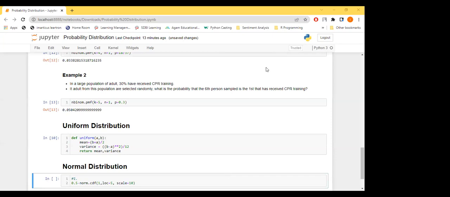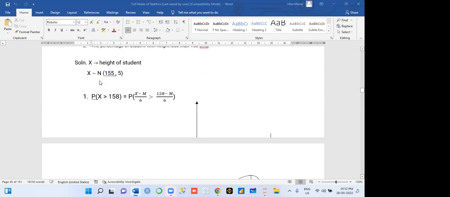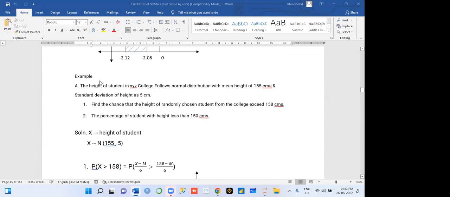For normal distribution. No, I will make you write it later, if you can see. We have solved this type of example. Guys, just cross check. You have solved this type of example. Then we'll move further. We have done height of the students.